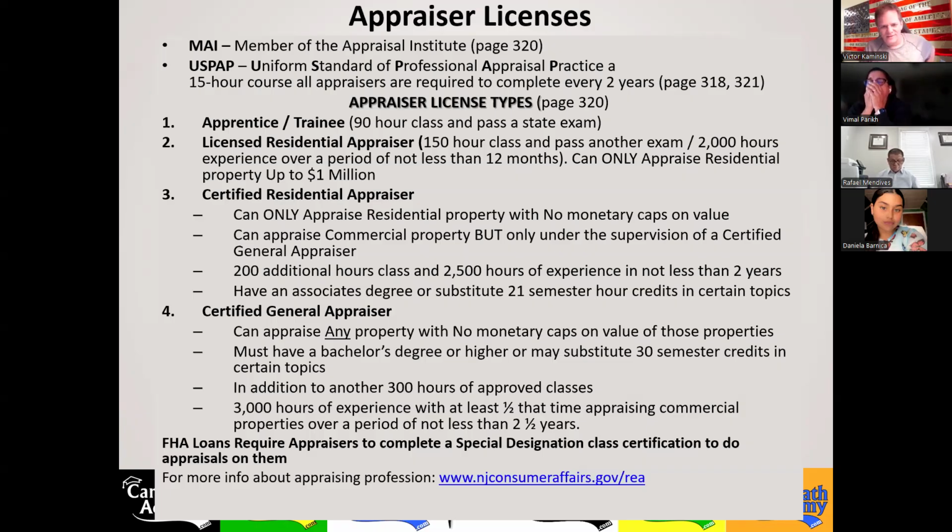Okay. And if any of them want to do appraisals for FHA loans, they're required to complete a special designation class to get that designation on their license, showing they know how to do the appraisals for FHA loans.